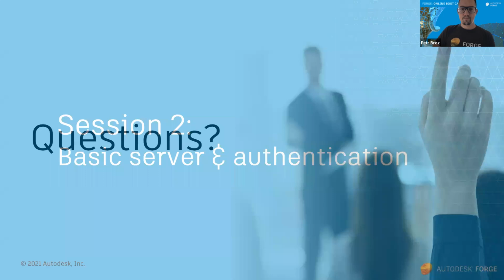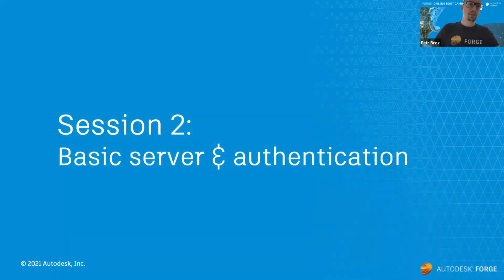All right, with that, we're moving to session number 2, where we're going to start building our Node.js server of our Forge application today. And we're going to introduce some authentication endpoints to it as well.